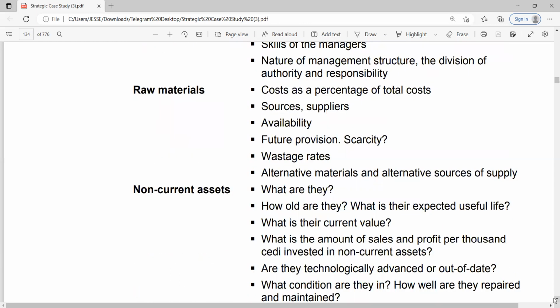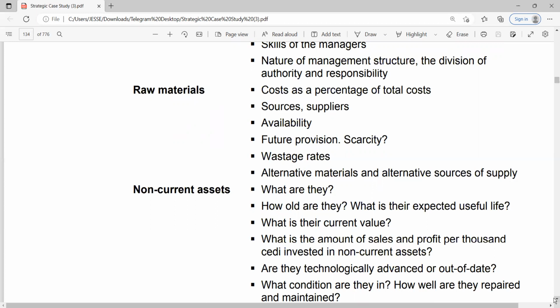Now let's look at raw materials. In raw materials, we also know that raw materials is a resource. So what are some of the things that you'd be auditing or you'd be assessing?